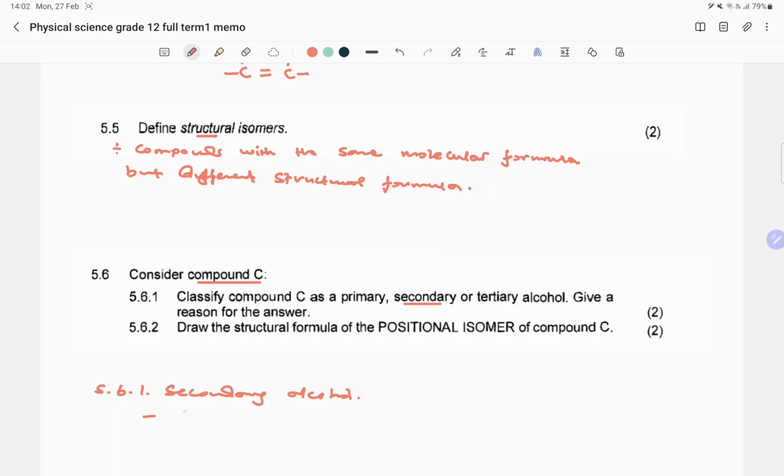It's because the carbon bearing the OH is bonded to 2 other carbons.